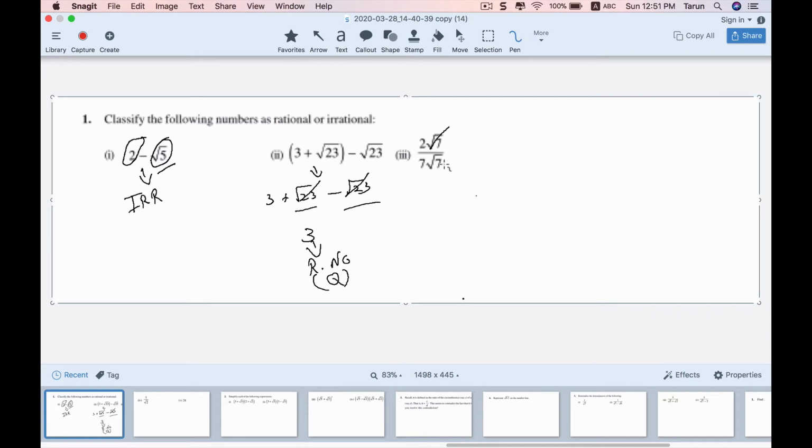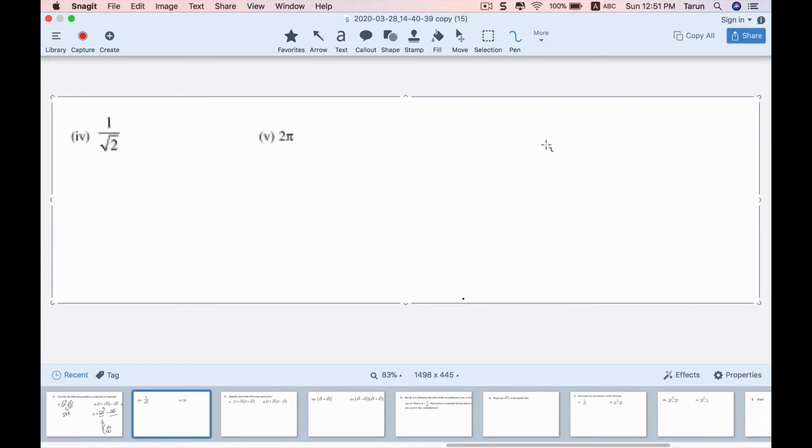Here root 7 and root 7 will simply get cancelled, and I will be left with 2 upon 7, which is again a rational number denoted by Q. Next, 1 by root 2. Again, if I want to make it easier for me, I can simply rationalize it by multiplying both the numerator and denominator with root 2, and I will get root 2 upon 2.